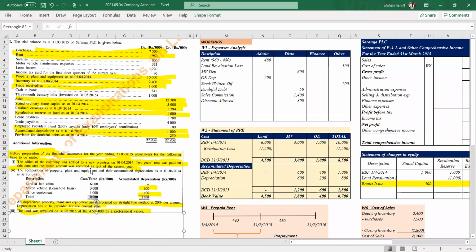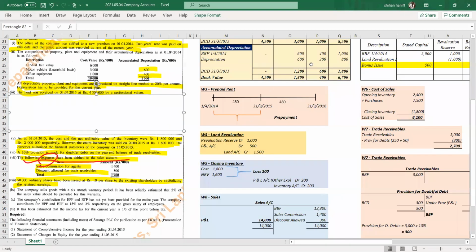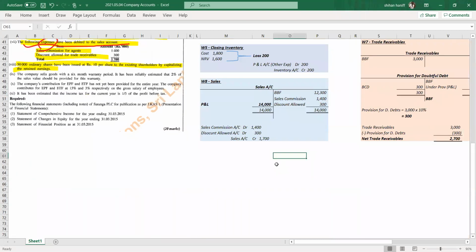Value is 50,000 ordinary shares at 10 rupees, which means 50,000 into 10, that means 500,000. Not 5 million, it's 500,000.